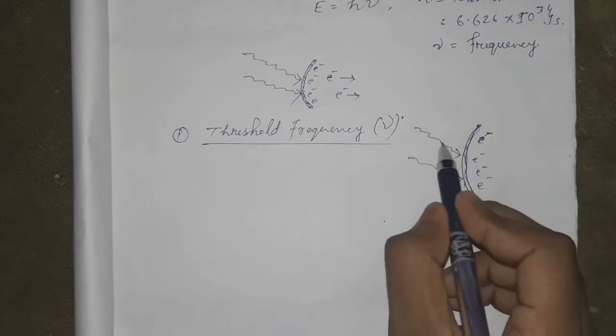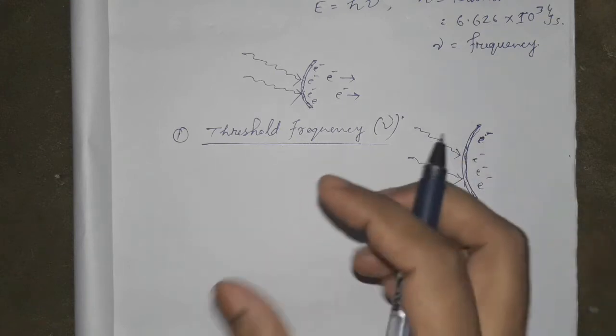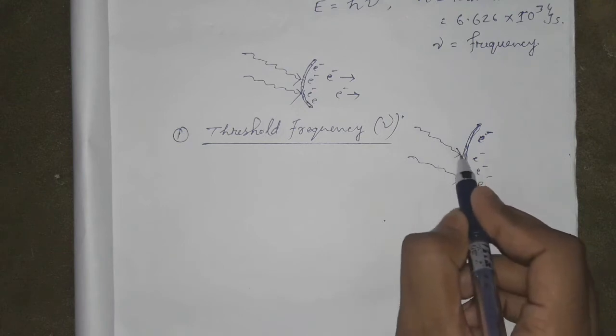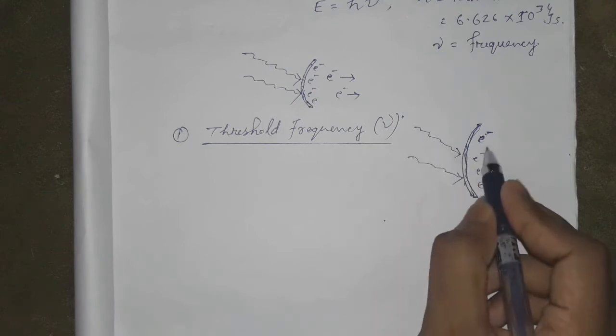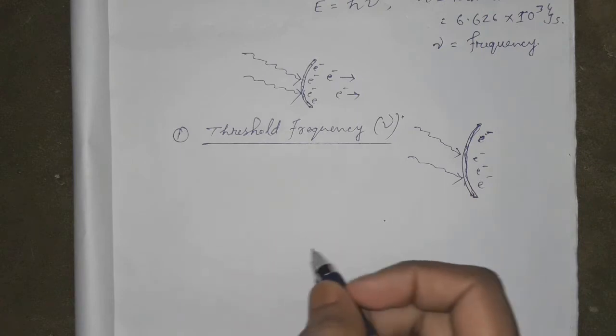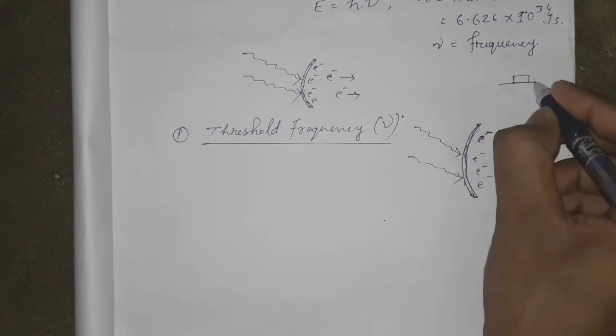If the frequency of that light is below the required amount, then even after incident light, the electrons will not be ejected from the metal surface.